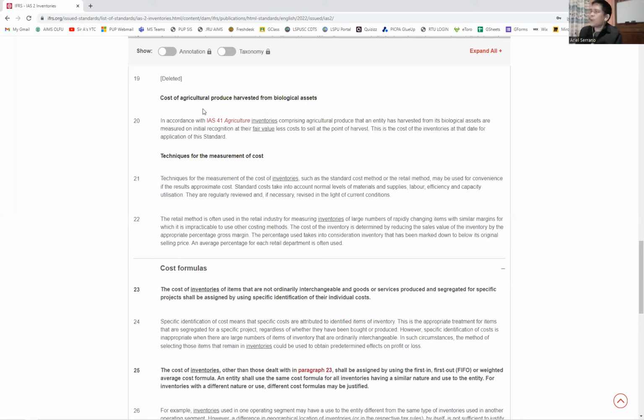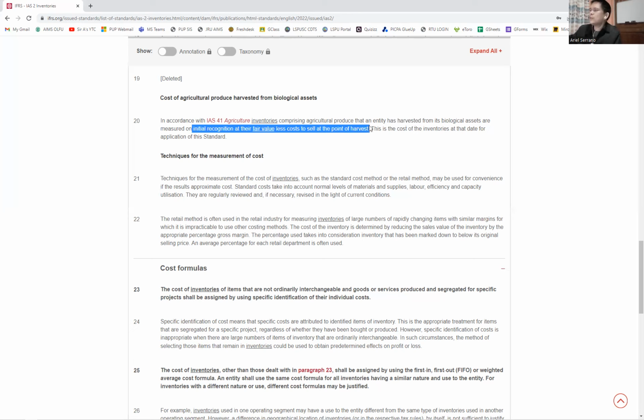When we talk about inventories in relation to agriculture, these are the cost of agricultural produce harvested, already harvested, ready to be sold. So that becomes inventories. In accordance with IAS 41 on agriculture, inventories comprising agricultural produce that an entity has harvested, take note, harvested, from its biological assets, are measured on initial recognition at their fair value less cost to sell at the point of harvest.